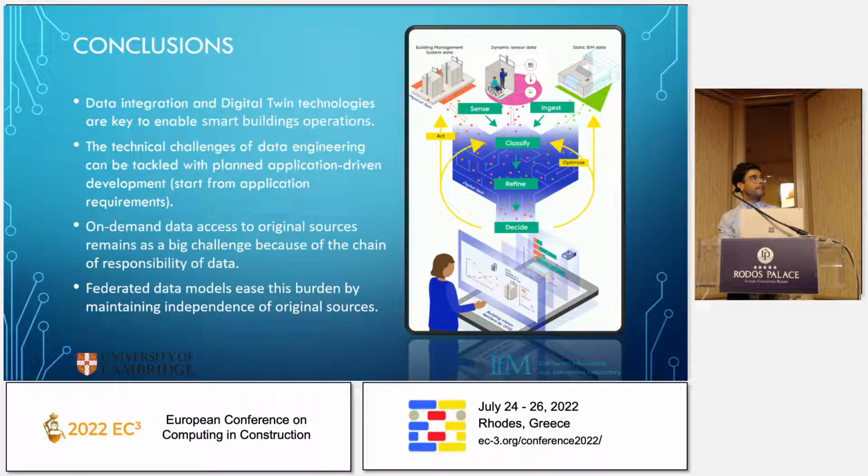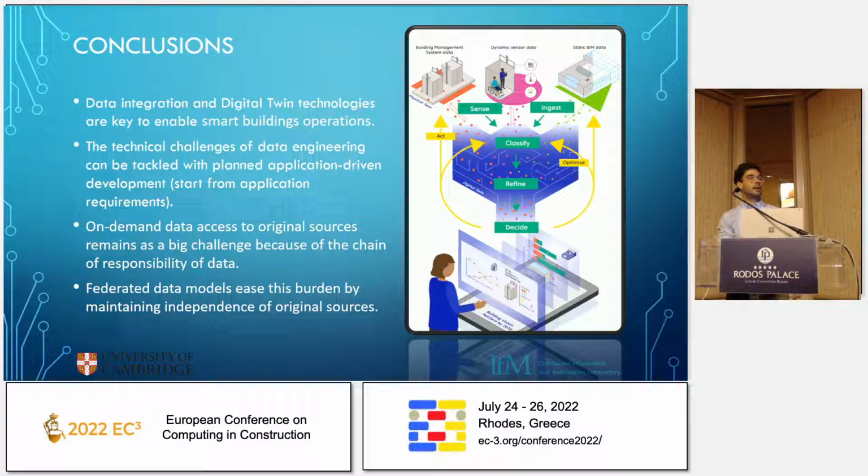Now, we've demonstrated how to integrate systems, functions, geometries, and real-time data from the IoT. And the conclusions that were drawn are that data integration and digital twins are technologies that enable smart building operations, but it's only possible when we tackle the technical challenges of this data engineering with planned application development, which just means we need to start from the application side requirements.